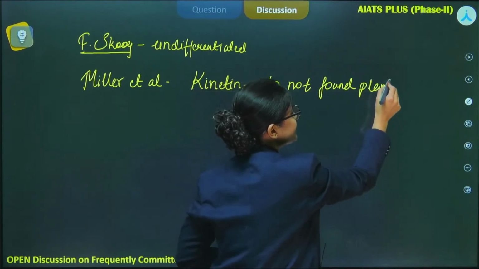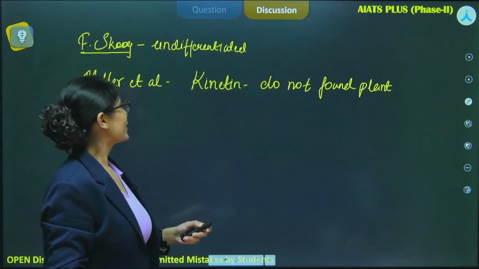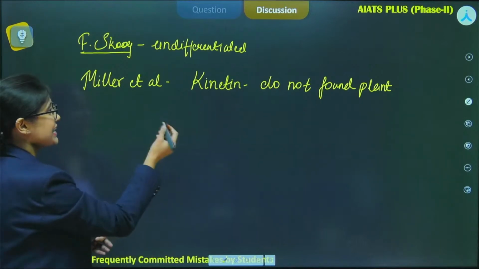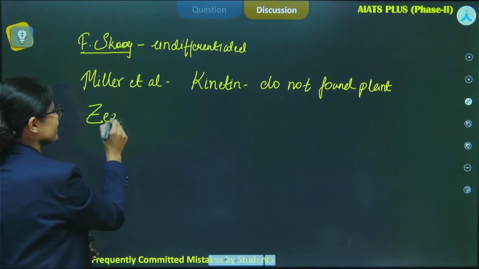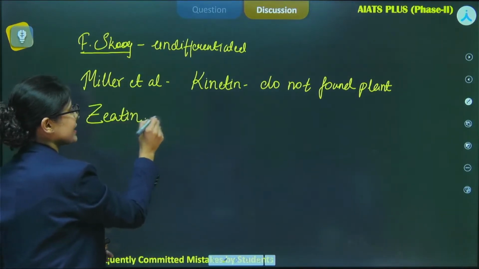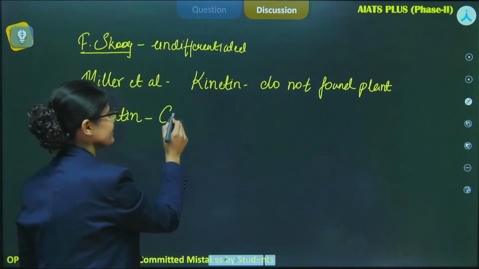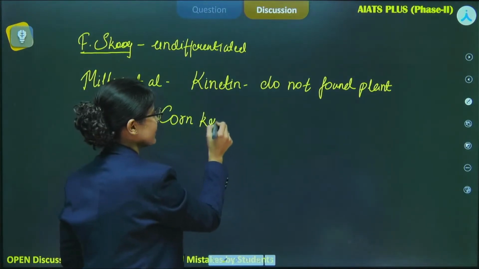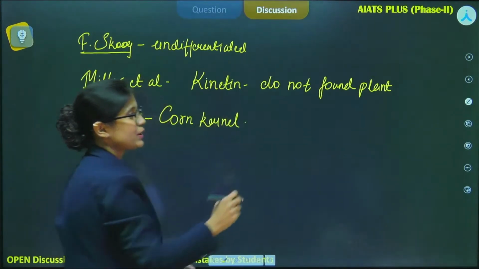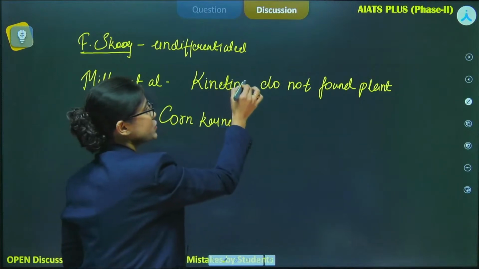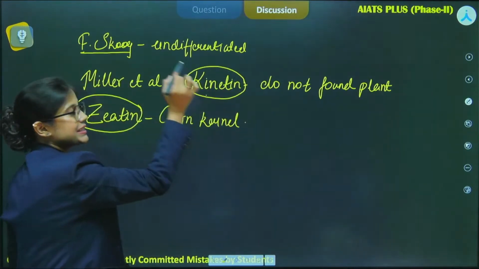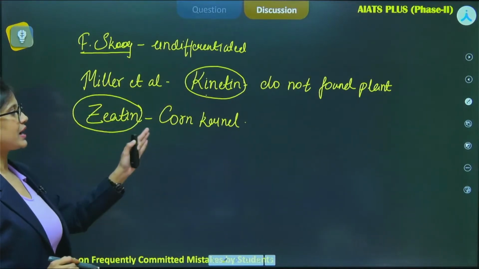These are synthetic cytokinins. If we talk about the natural cytokinin, it is zeatin, which is extracted from corn kernel or unripe maize. These types of questions are also asked. Please don't get confused between kinetin and zeatin. This is synthetic, this is natural cytokinin.